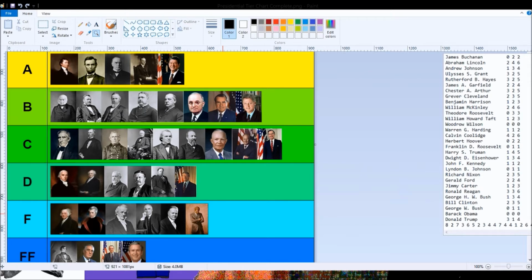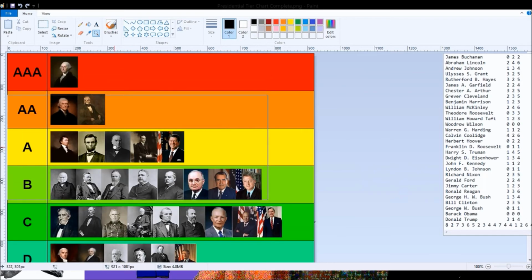The next one, William McKinley, 2, 4, and a 6. So domestic policy, pretty usual for many of the Republicans of his time. However, his foreign policy ended up achieving the Spanish-American War, in which he took over quite a bit of territory in the Caribbean, as well as some in the Pacific.